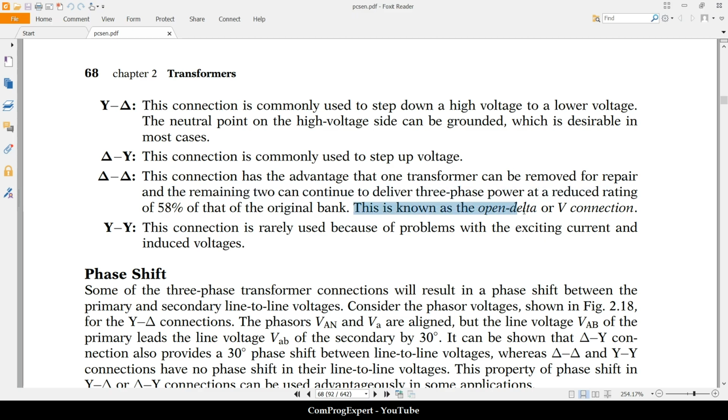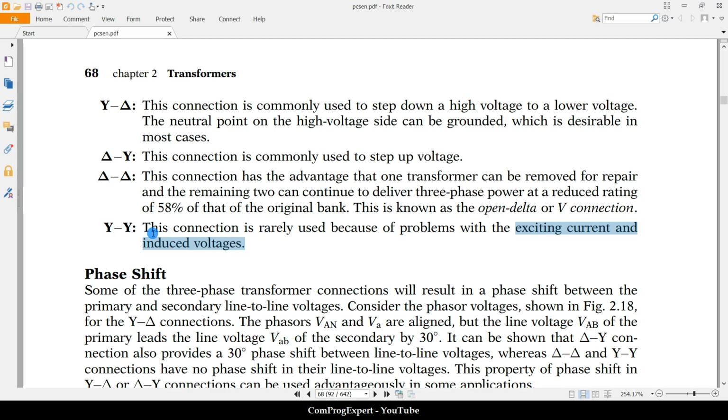This is known as open delta or V connection. Okay, we will check it in the next subsection. So in this special connection, if we remove one single-phase transformer, we can still deliver the load, right? Important advantage. Y-Y connection: this connection is rarely used because of problems with exciting current and induced voltages.